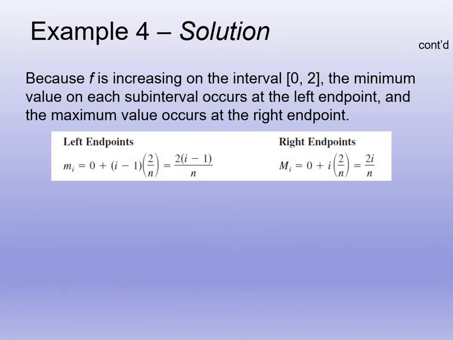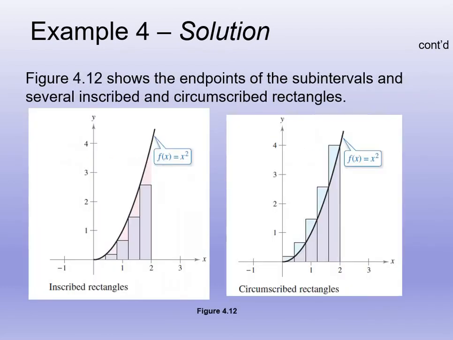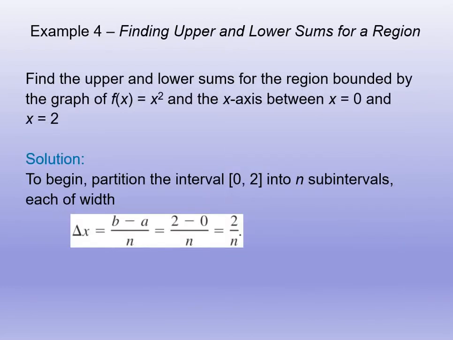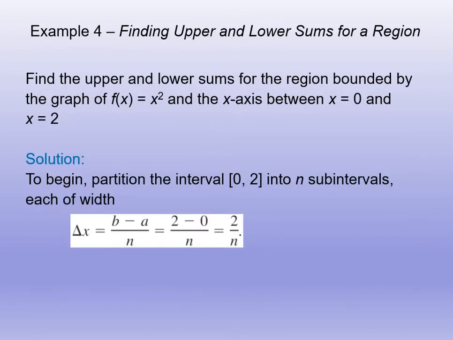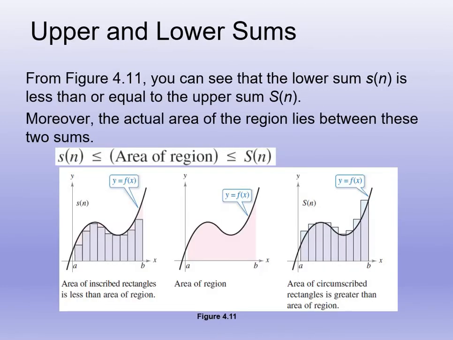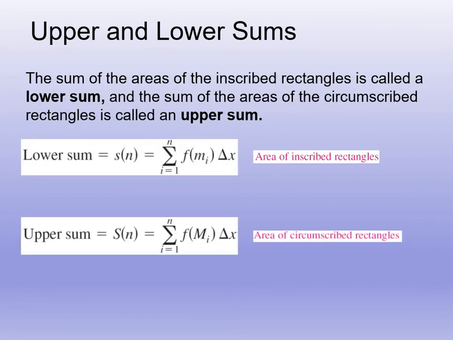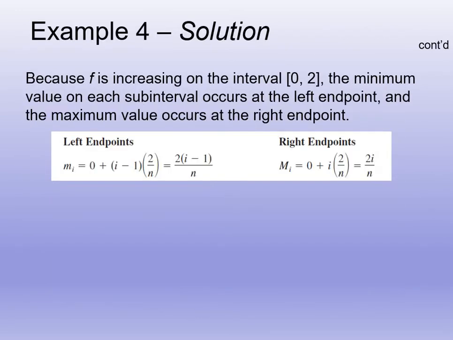The 2 over n, that's what we had to calculate from here. That's where the 2 over n is coming from. And the 0 is coming from, we're starting at 0. So we have the i minus 1 and the i. Those are coming from just our general rule that we did before. And then we'll step back forward.